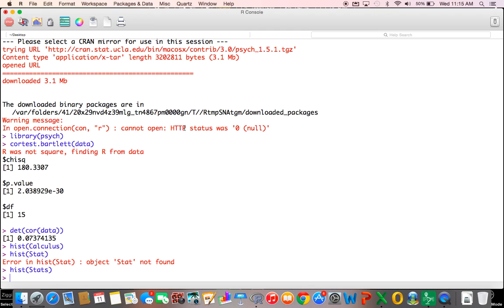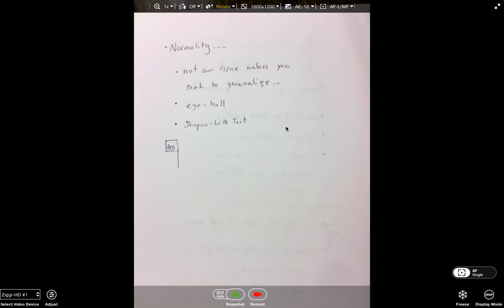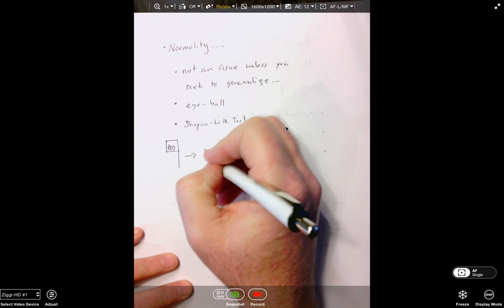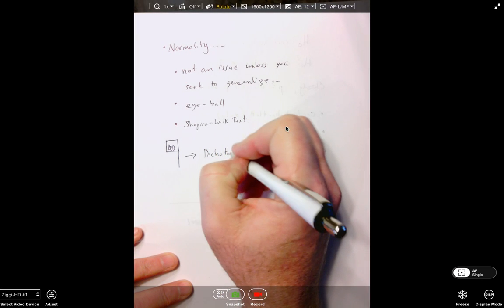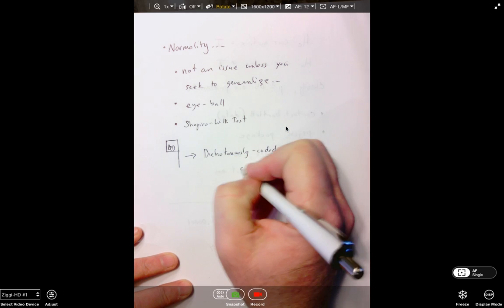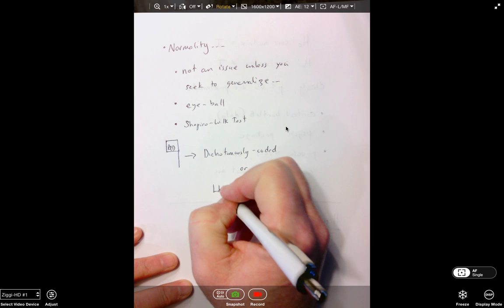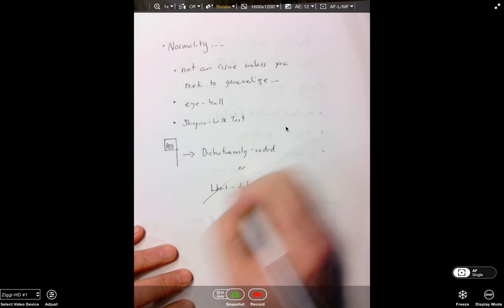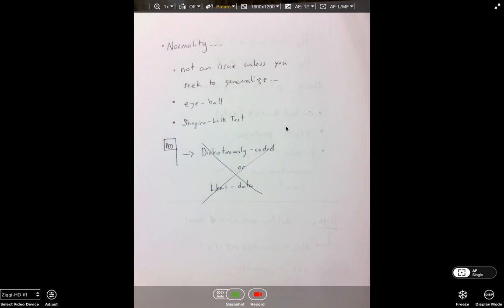Now, one thing about normality, big old red flag. I'm writing over here and you guys can't even see it, okay? So a big red flag, anytime you have dichotomously coded or Likert data, then clearly the normality assumption is violated for these 2 types of data.